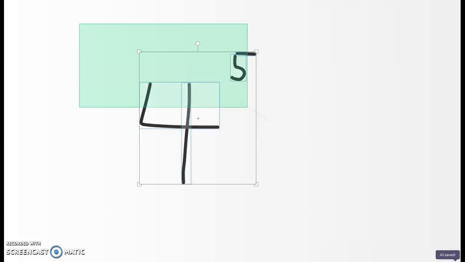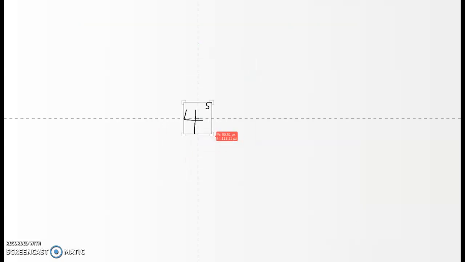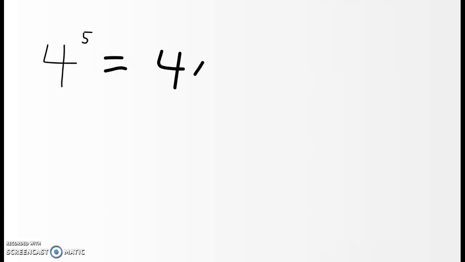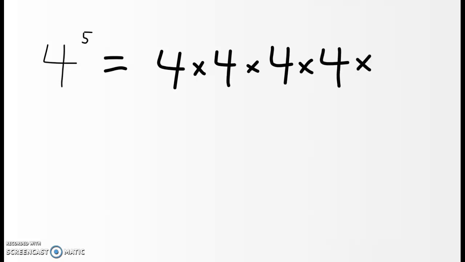So let's say we have a base number of 4, and we're taking 4 to the 5th power. Okay, 4 to the 5th power. I'm going to make that a little bit smaller just so I can work with it off to the side here. So 4 to the 5th power is another way of saying 4 times 4 times 4 times 4 times 4.